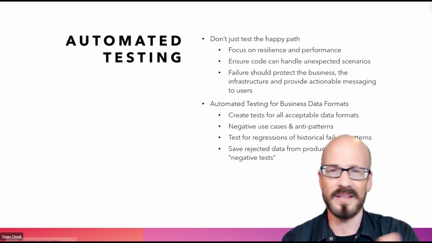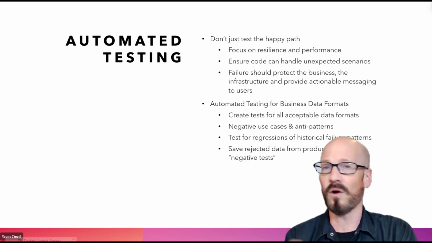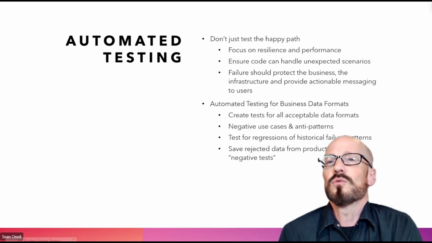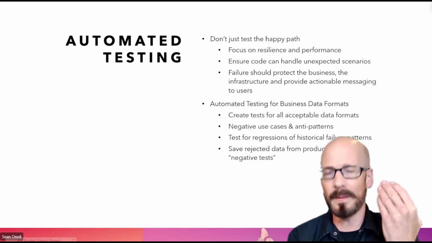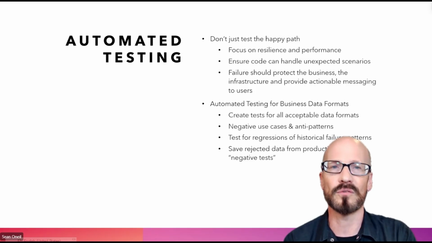Like, maybe that's just call the help desk or whatever, or try again, or if they've submitted bad data, tell them what the data validation rules are so they can do it right. But write those into your tests to validate over and over again.